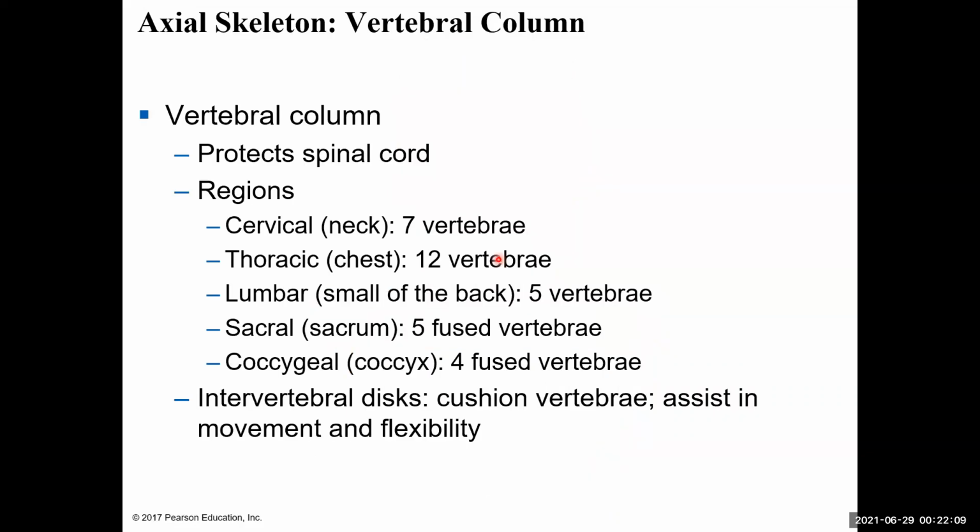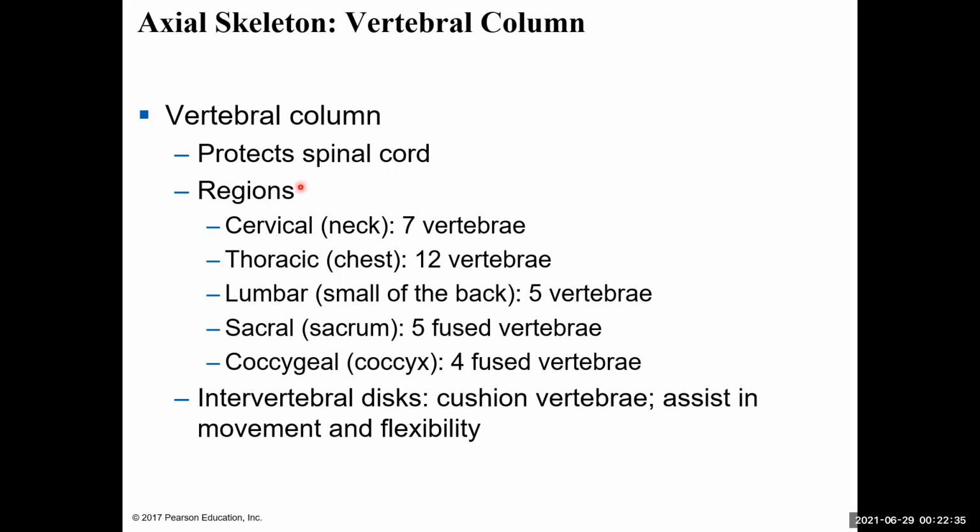So moving down from the skull and following the axial skeleton, we come to the vertebral column. The vertebral column is there to protect the spinal cord, and it has 5 different regions that you need to be familiar with. The upper region, right below the skull, is the cervical region, which is the neck area.